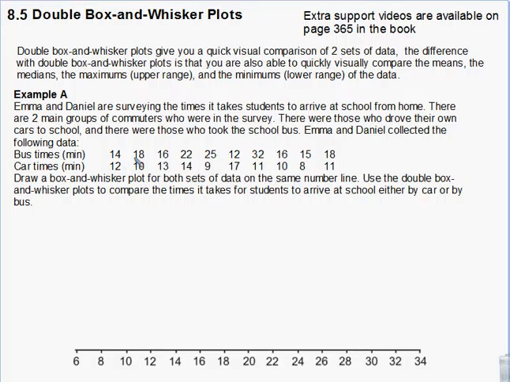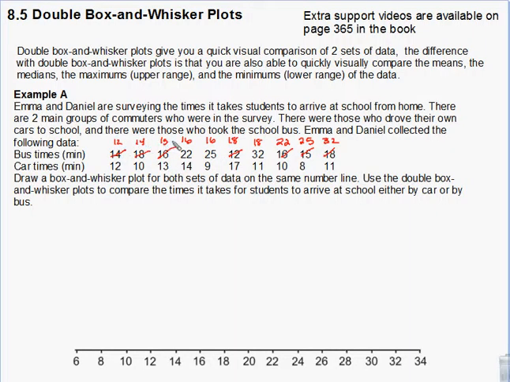So the first thing we need to do is put the numbers in order so that we can find our 5-number summary. So the smallest number here is 12, 14, 15, I have 2 16s, 2 18s, 22, 25, and 32.